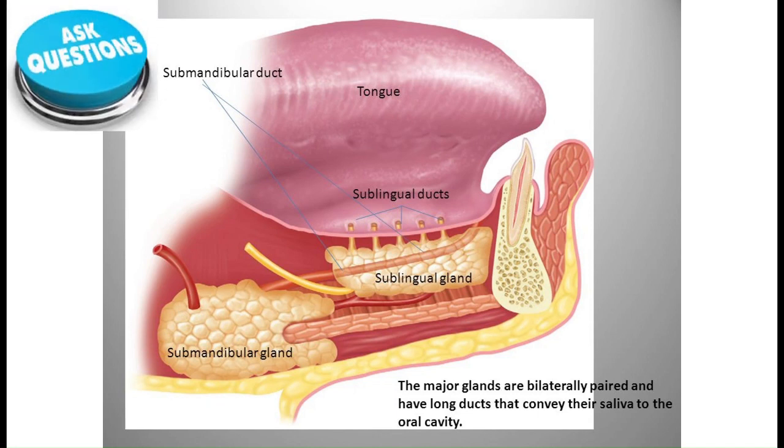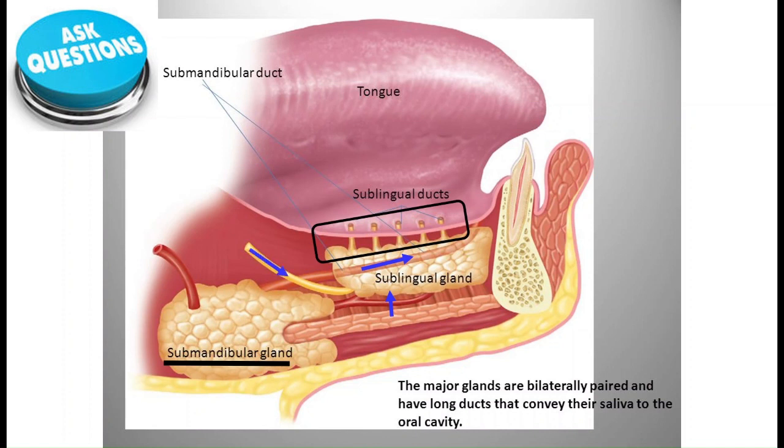What is this image telling me? First of all, here is the sublingual salivary gland inferior to the tongue, and here are the groups of tiny ducts draining the sublingual salivary gland, and here's the submandibular gland, and this is its duct, the Wharton's duct.